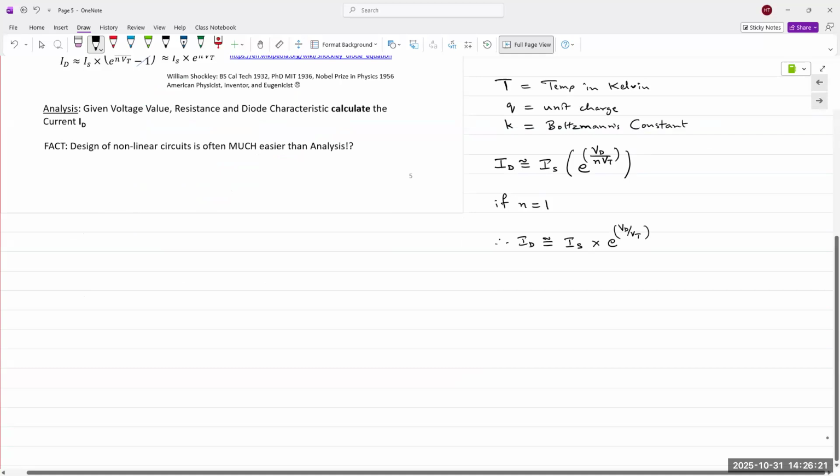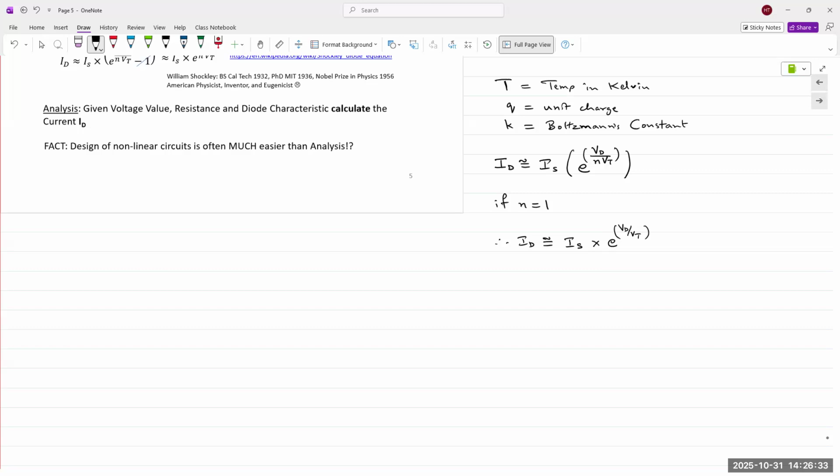And that's it. There are three terms in there. Okay. So far, so good.